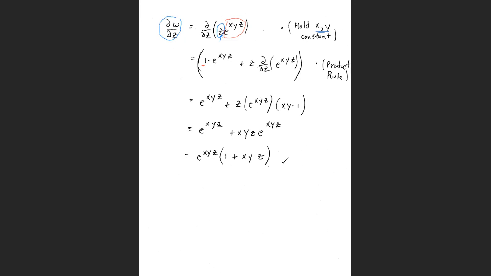This is f prime times g plus f times g prime, only it's with partial derivatives. So we use the product rule.